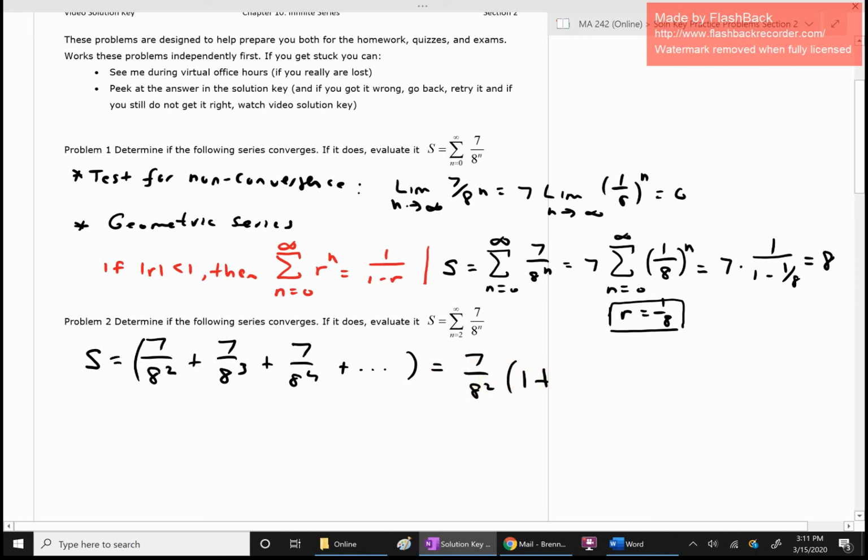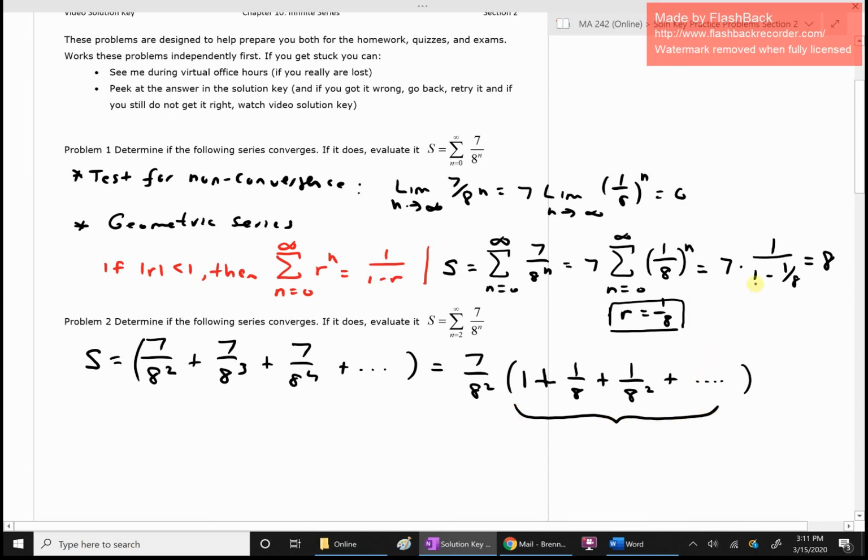First term will be 1. When I factor out a 7 over 8 squared here, I'll have 1 factor of 1/8 left over. Here I'll have a factor of 1/8 squared, and that will continue. And so this will be the geometric series that we just evaluated.